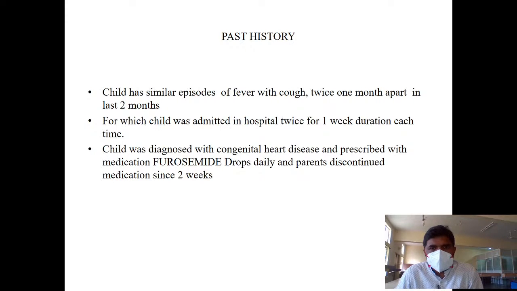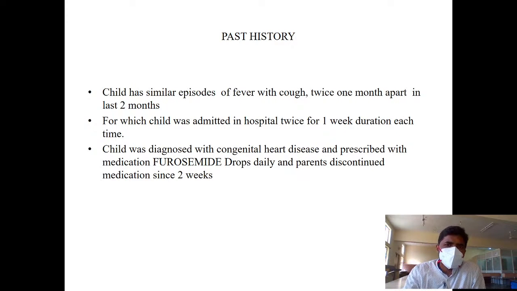So with this history, we have come to a conclusion that this child might be having a cardiac problem, which is congenital in nature, left to right shunt in nature, probably a severe VSD, and this child is also having features of CCF.